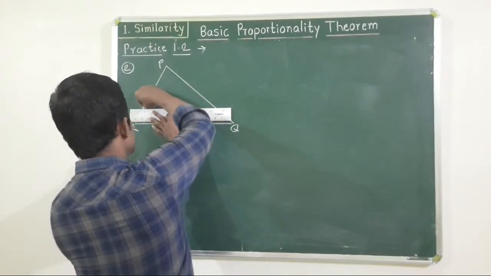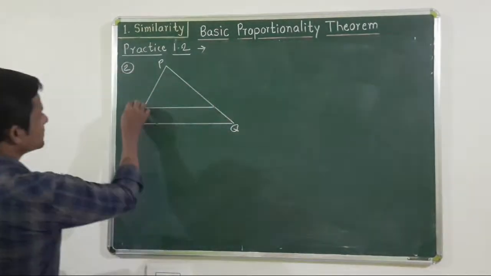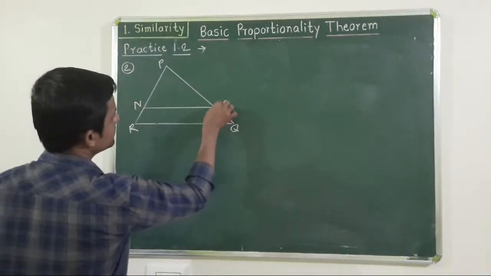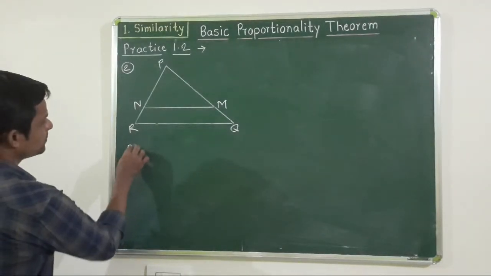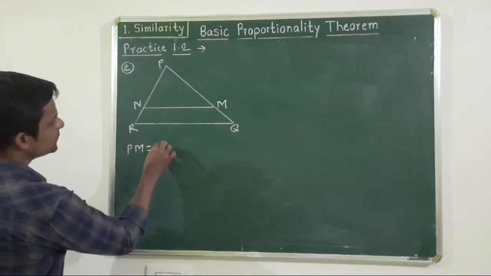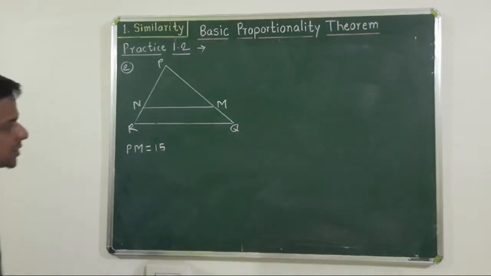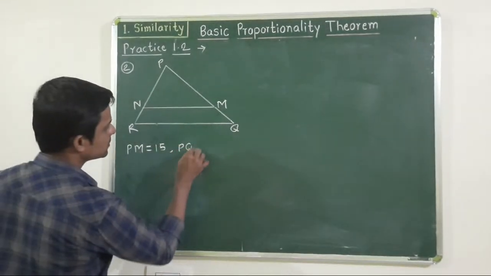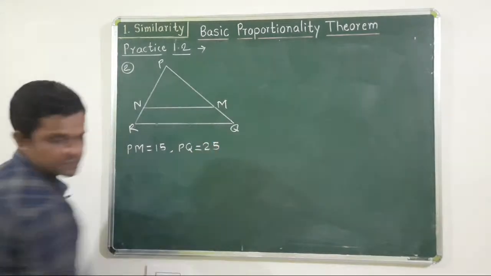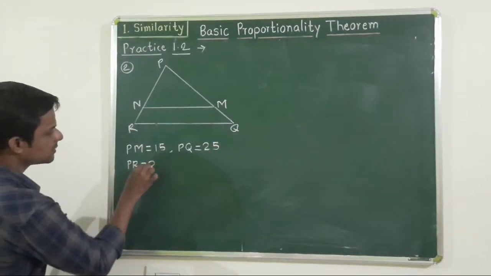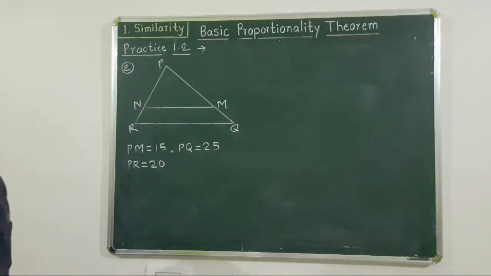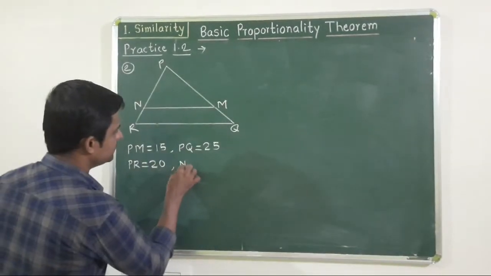We have to prove it as parallel. Some values are given: PM is 15, PQ is 25, PR is 20, and NR is equal to 8.